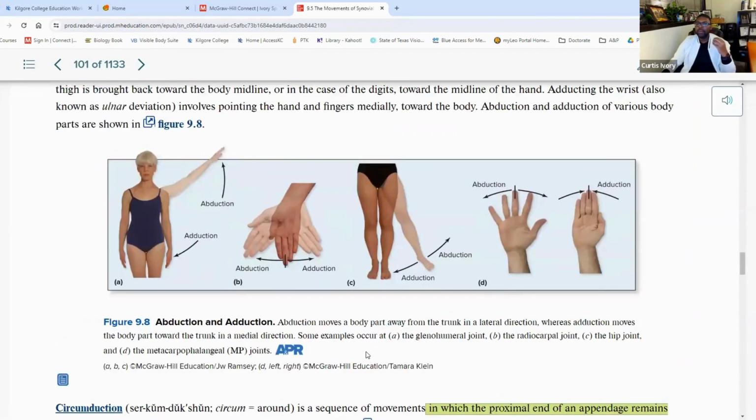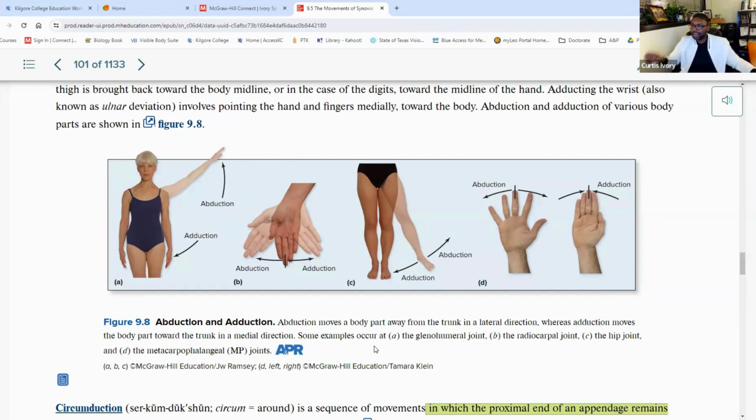We can have what's called abduction and adduction. Abduction, like your abs. I hate to think about it like this, but it's one way I remembered it when I was in college. If a child is being abducted, it has been taken away. So abduction is being taken away from the midline.